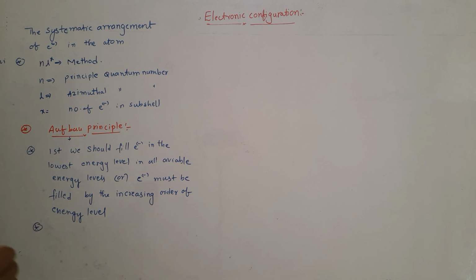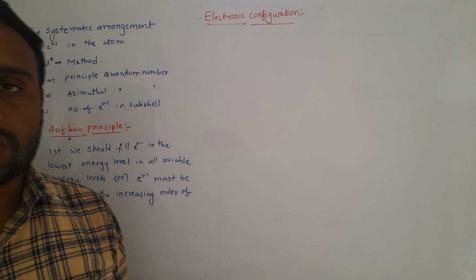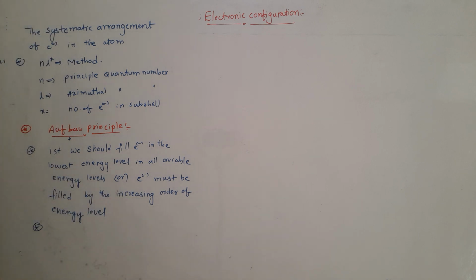So how to select the increasing order of energy level? How to say which subshell is having the lowest energy level? How do we select the lowest energy level?